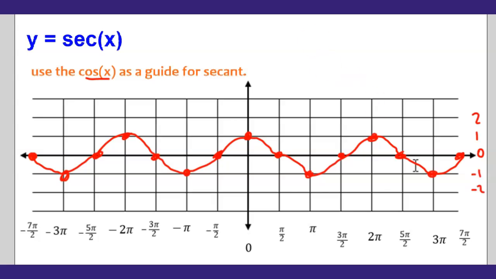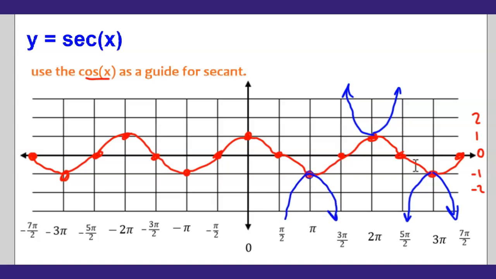In doing so, remember, secant is the inverse of cosine. So everywhere there's a valley for cosine, it is a peak for secant. Everywhere there's a peak for cosine, it is a valley for secant. And we just continue that.